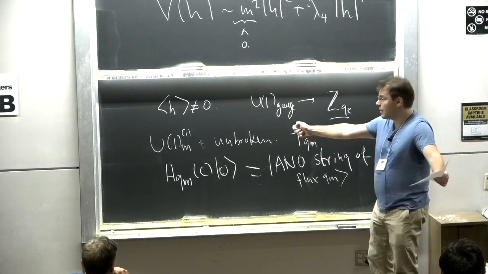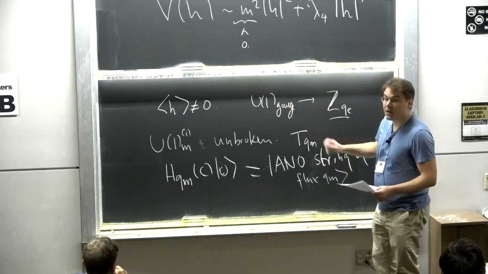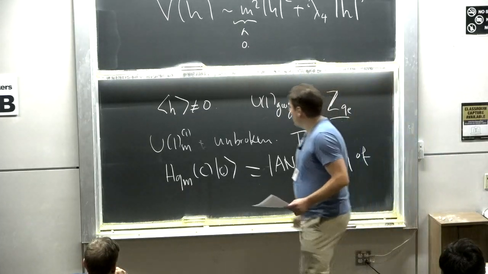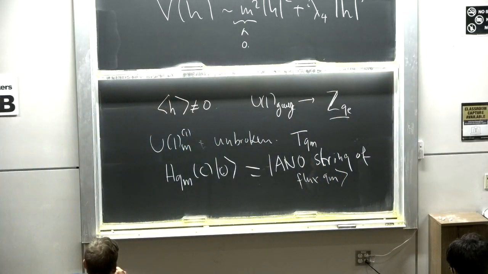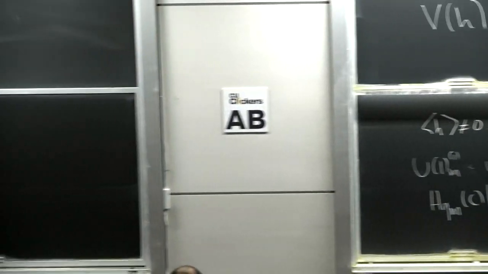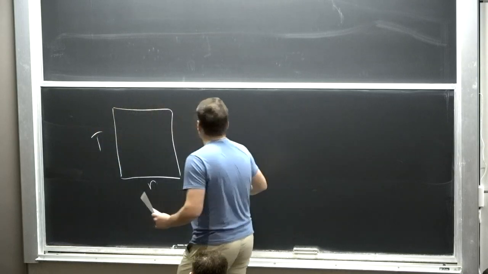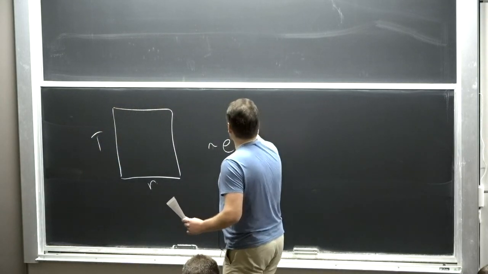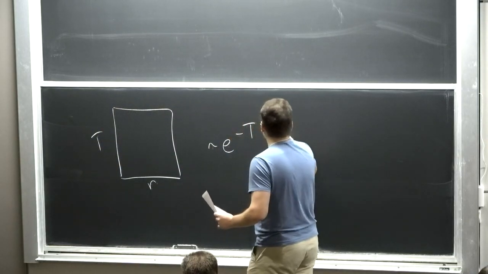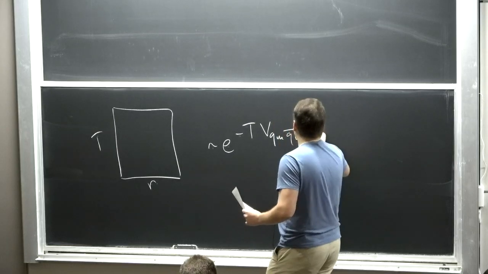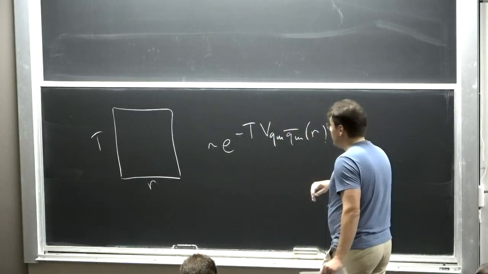Remember that we got that by looking at the expectation value of a large 't Hooft loop. Well, if you look at the expectation value of a large 't Hooft loop, separated by t in time and r in space, remember this was e to the minus t times V of Q magnetic as a function of r.